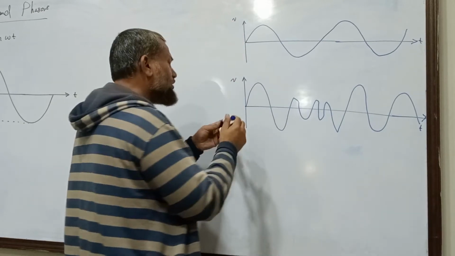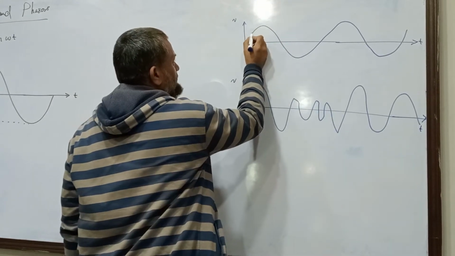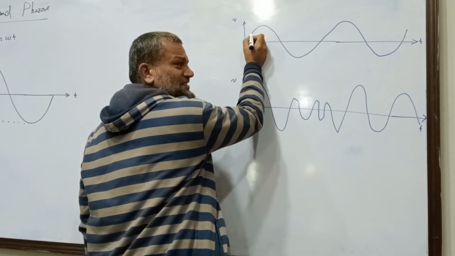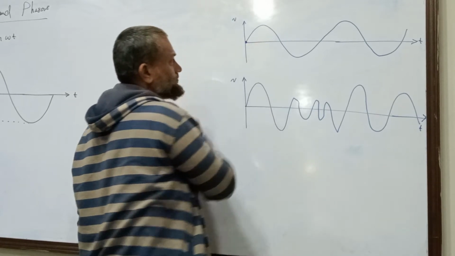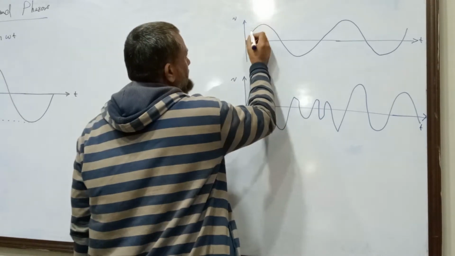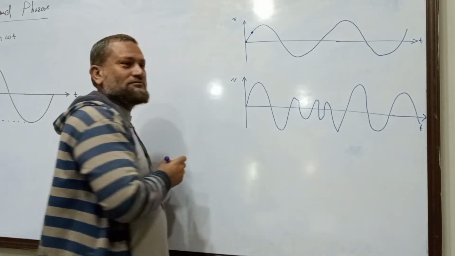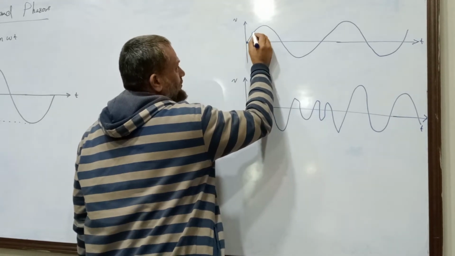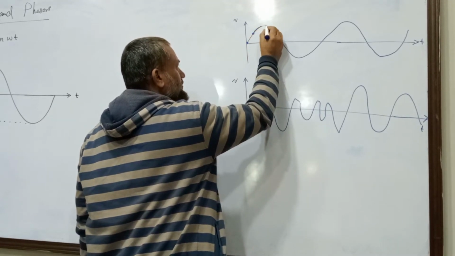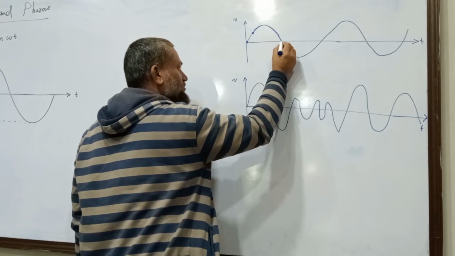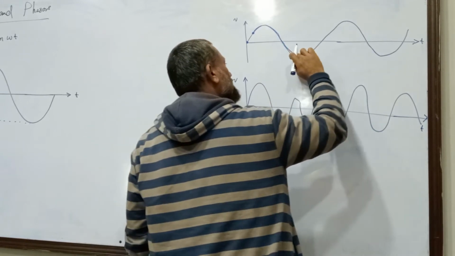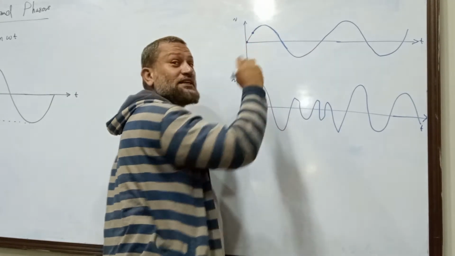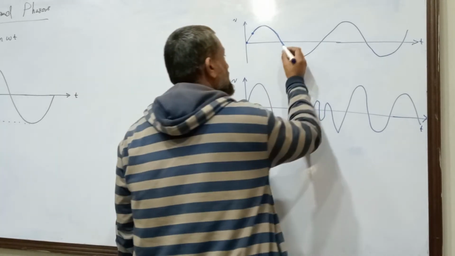For example, look over here. I just take this point, for example, 0, or maybe this point just above the 0. And I go further and further. Whenever I get this point again, that will be the time period of this wave.